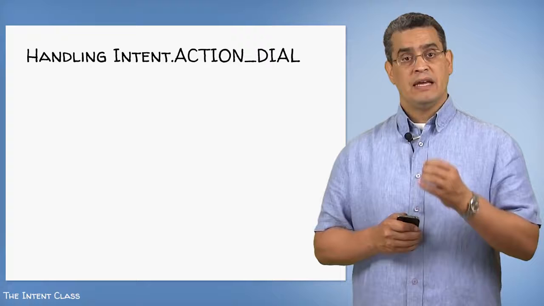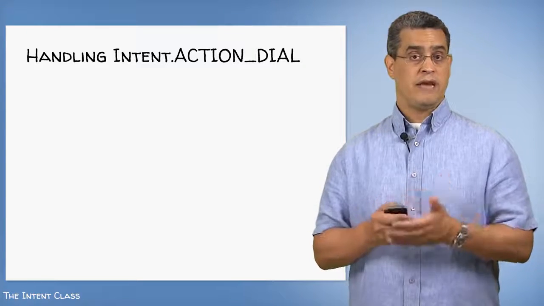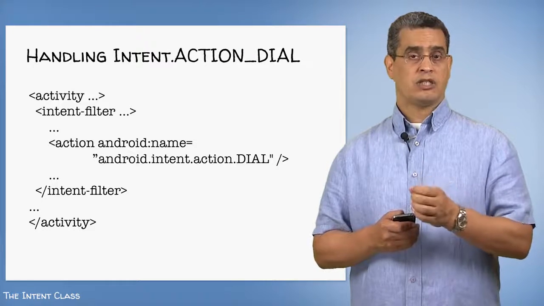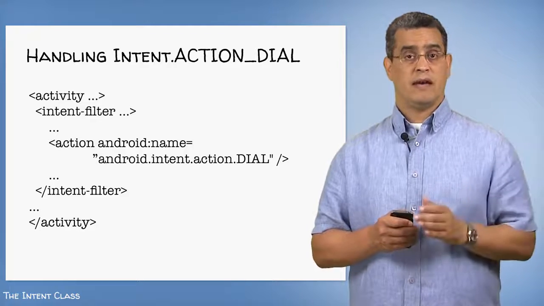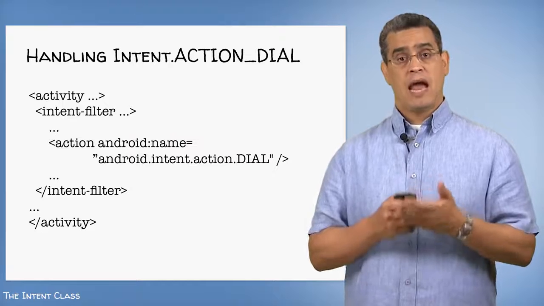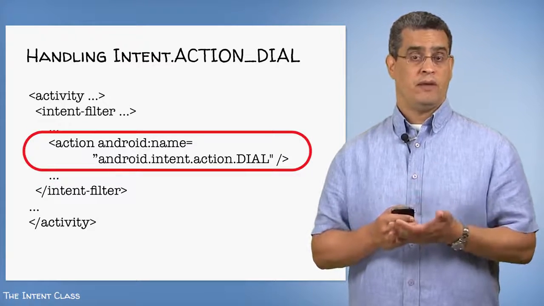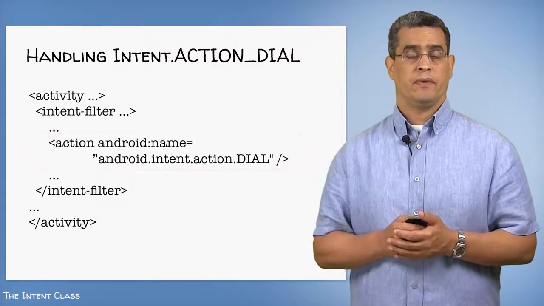For example, if an activity can dial phone numbers, then it should include an intent filter with the standard action Intent.ACTION_DIAL. Now that's the Java name for that. The actual value is really a string. So you'll see android.intent.action.DIAL. And that's the value that will actually be written into the intent filter.